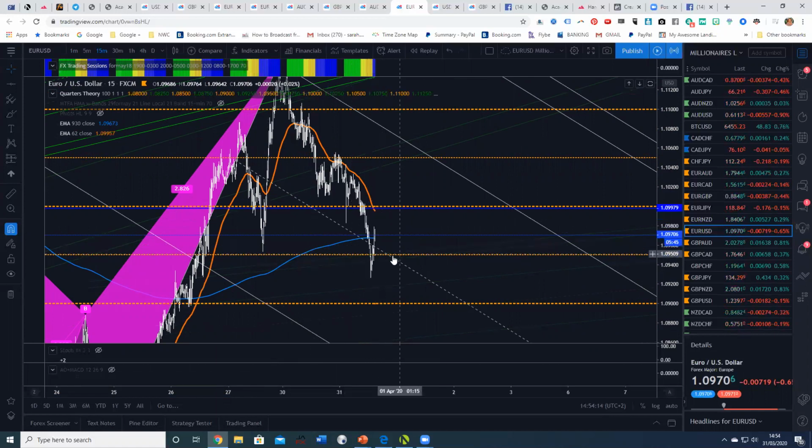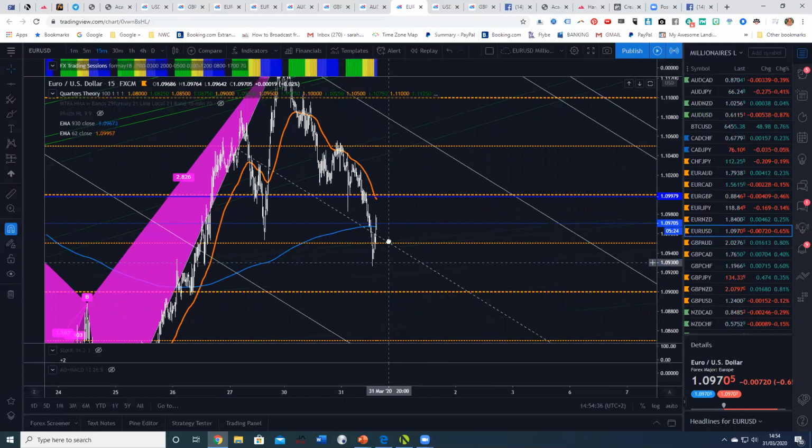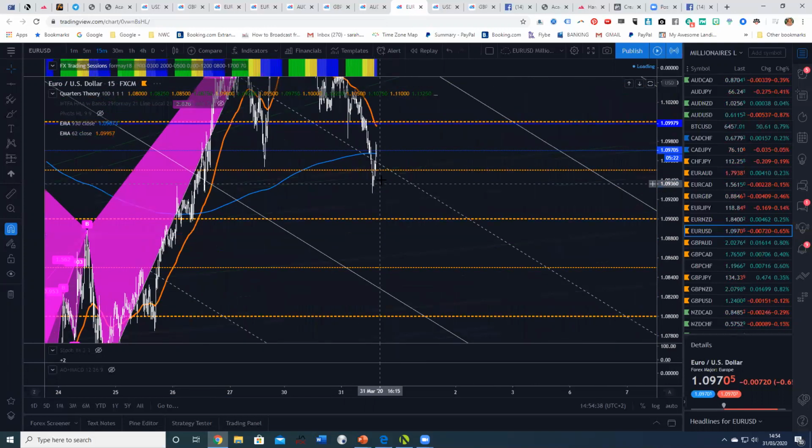And then your next line of stalling out will be that quarter theory at 1.09500 there. So it's done its break and its retest down, and it looks like it wants to head on down.